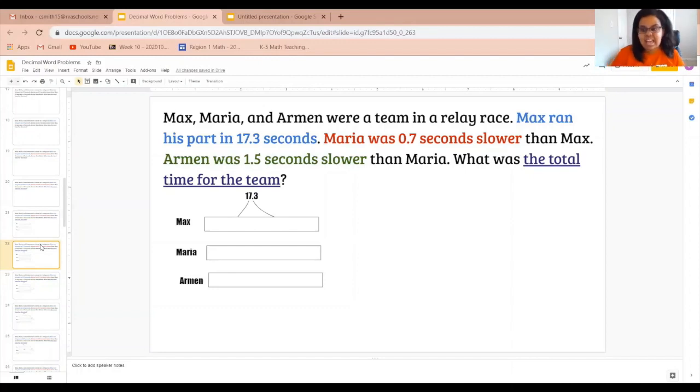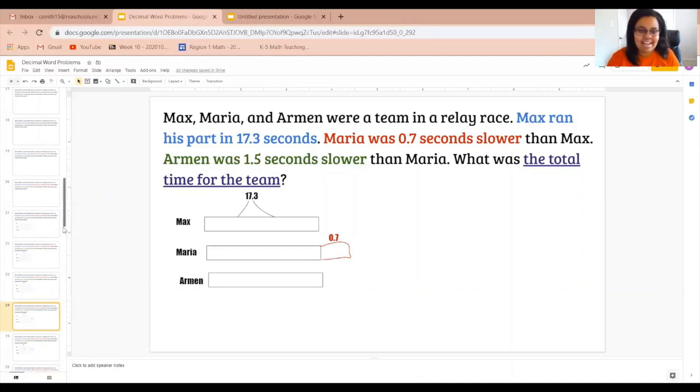So we need to add a little more to Maria's bar because it took Maria a little bit longer to finish. So we're gonna add a little bit more to her bar, and then we can label that part that we added. That additional part that we added represents 7/10 because that's how much slower Maria was. Not very much.